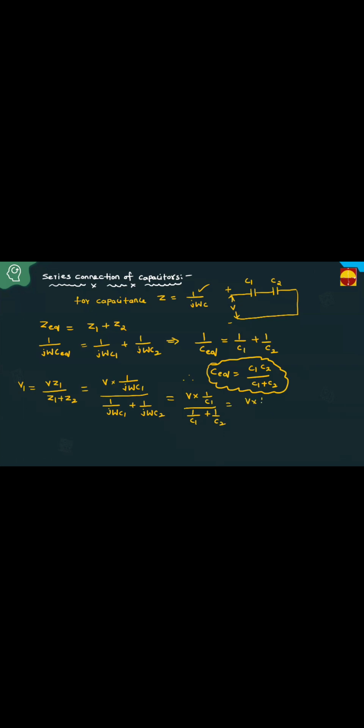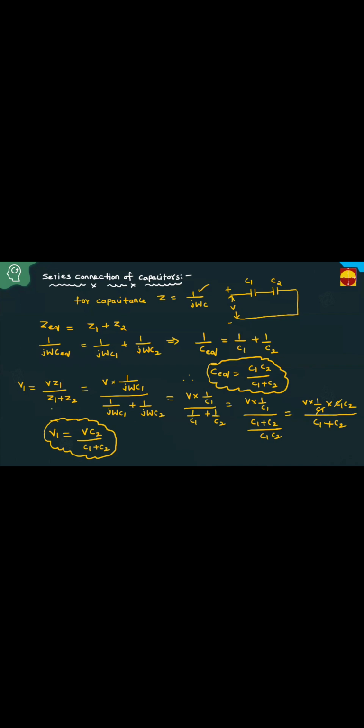Then V into 1 by C1 by C1 plus C2 by C1 C2, that is V into 1 by C1 into C1 C2 by C1 plus C2. The C1 cancels. What is V1 equal to? V into C2 by C1 plus C2, very important.